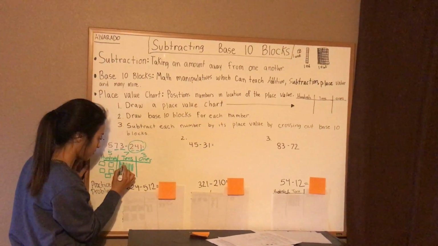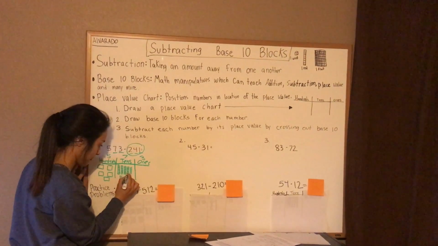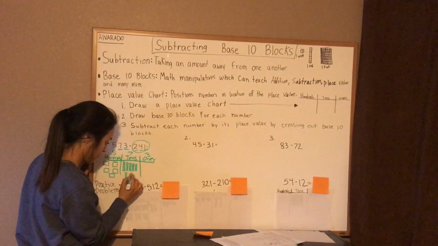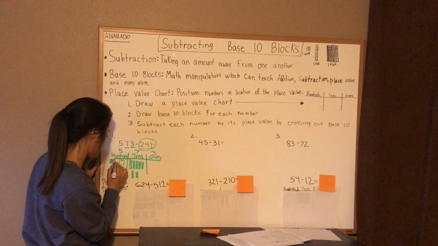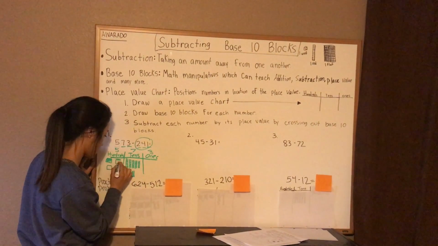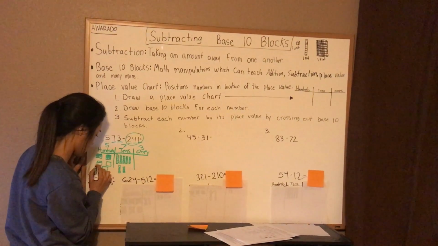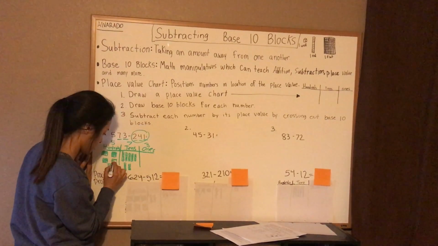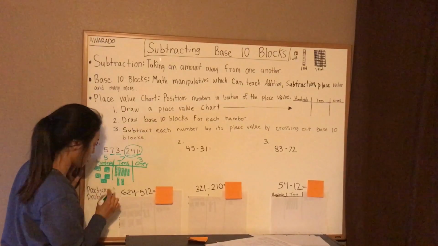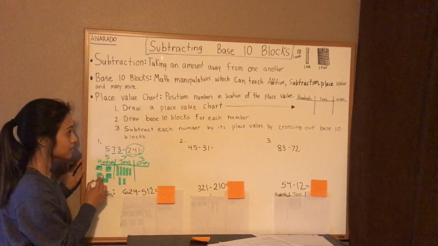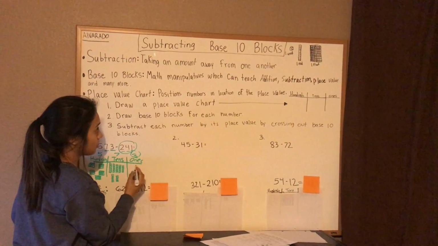Awesome. So let me just finish these off real quick so you understand. And then of course the rods, the flats, so we have 5 flats, 7 rods, and 3 units.